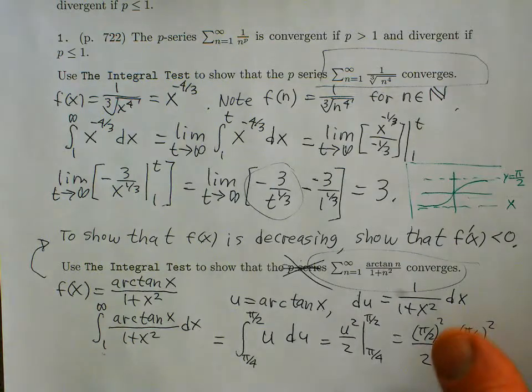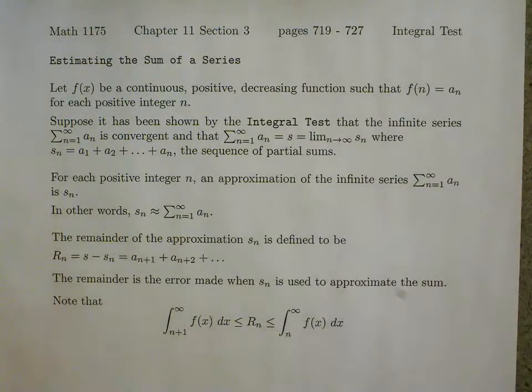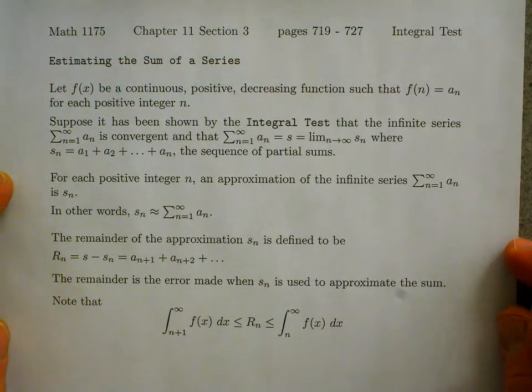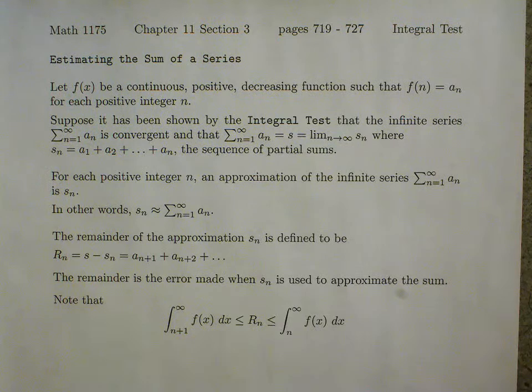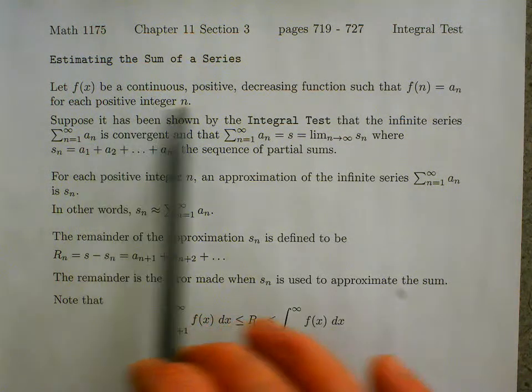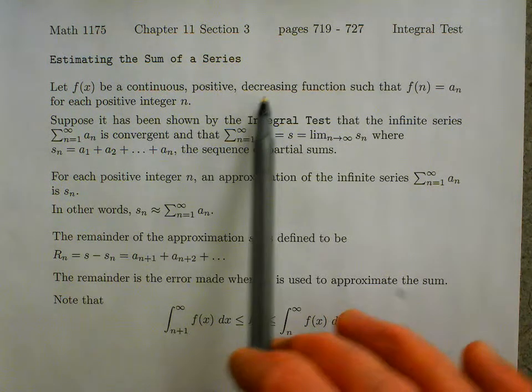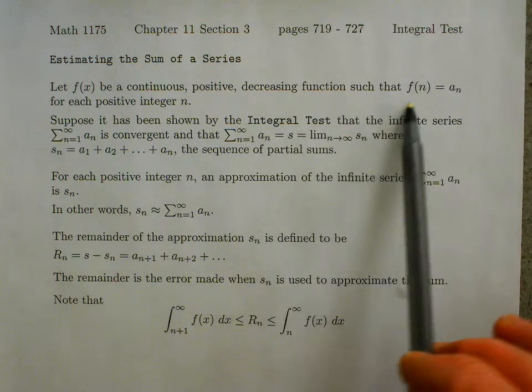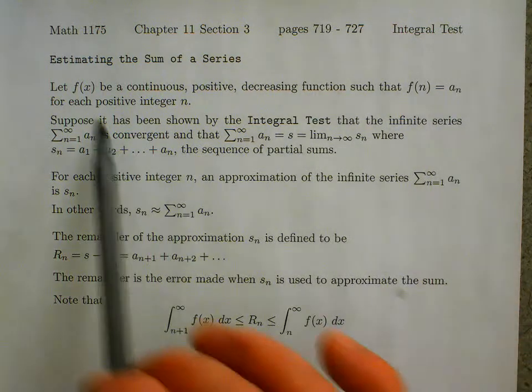Okay, the next part, estimating the sum of a series. So let's let f of x be a continuous positive decreasing function such that f of n equals a sub n for each positive integer n.